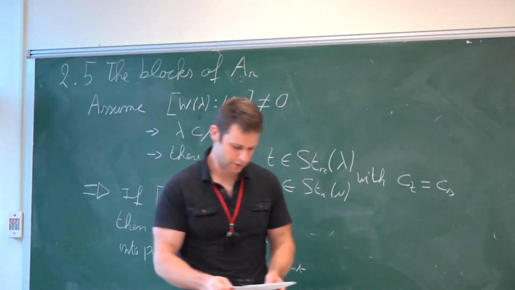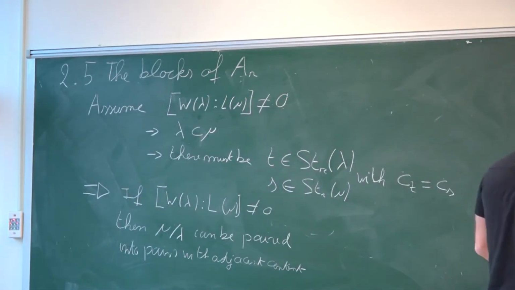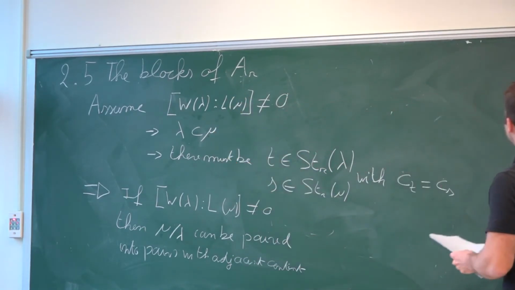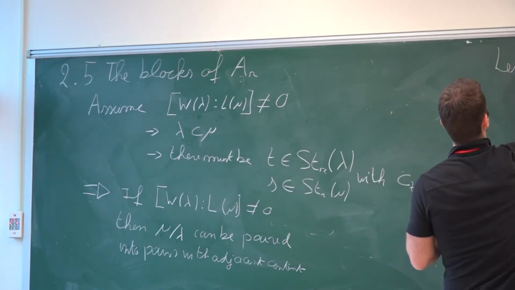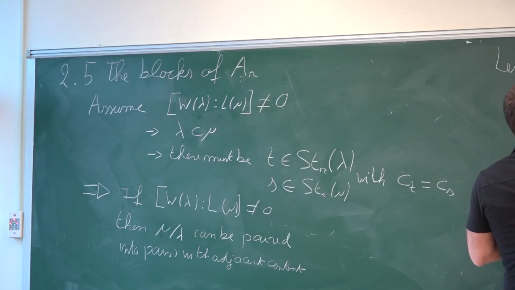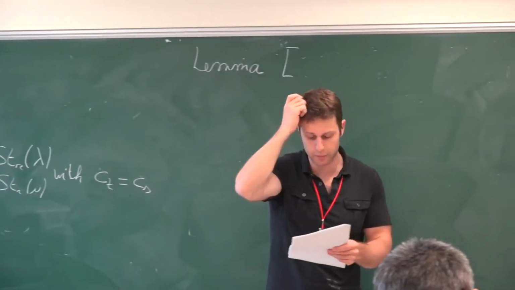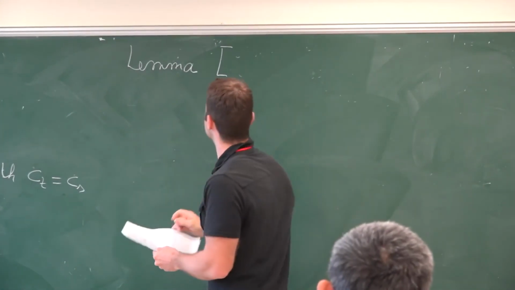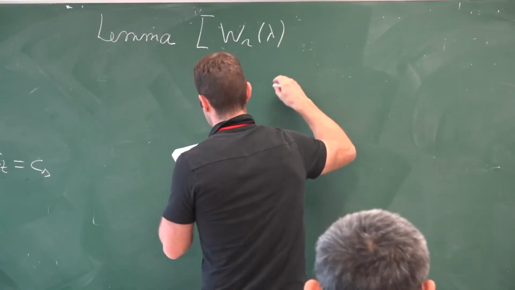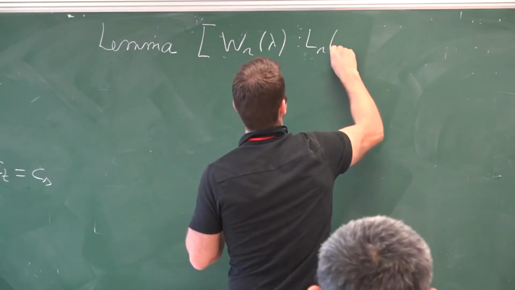So then we're nearly at a point where we have the blocks. Actually, I just need one more lemma, which just proves that certain multiplicities do appear. So I'll write it like this.